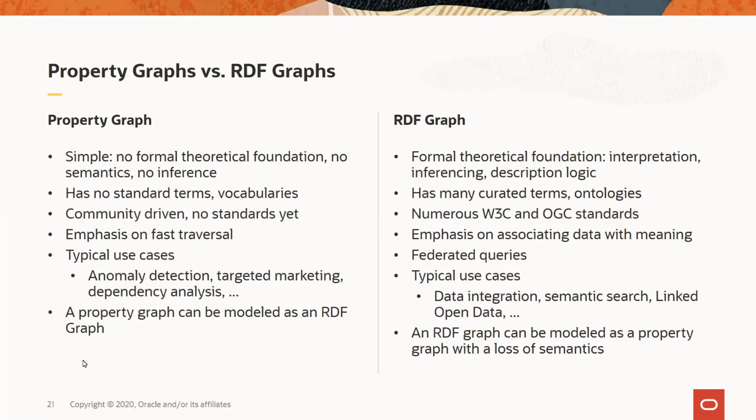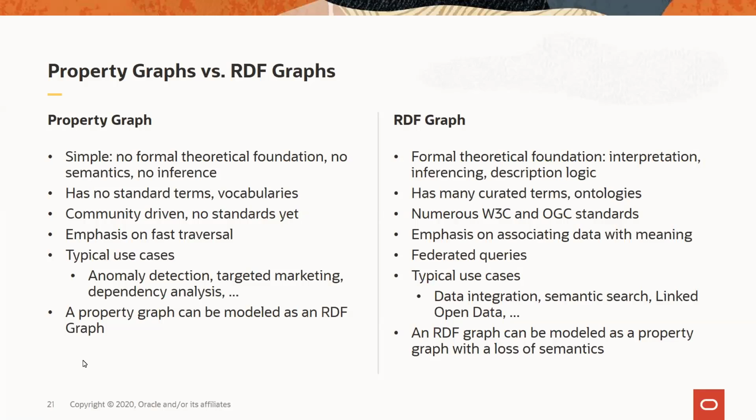Here, we actually physically store the relationship, which is powerful in that you can use it for fast traversal, right? And then that gives you the possibility to do all kinds of graph analytics for the purpose of anomaly detection, or you'll hear about more targeted marketing from Alberto in the next presentation.